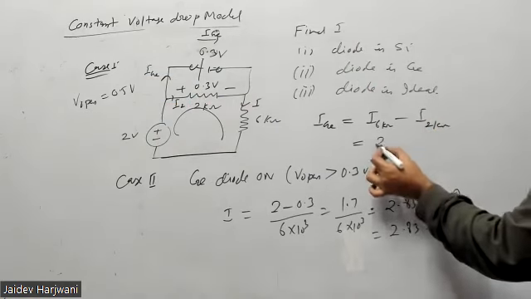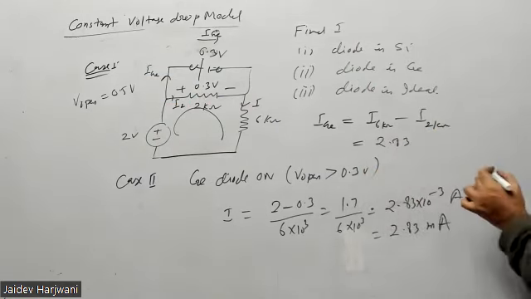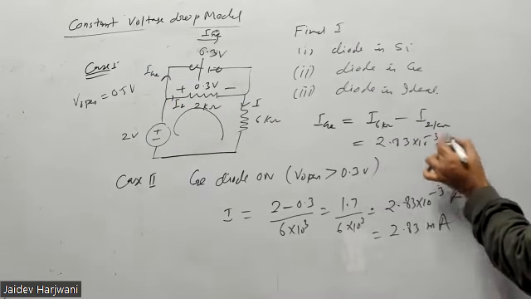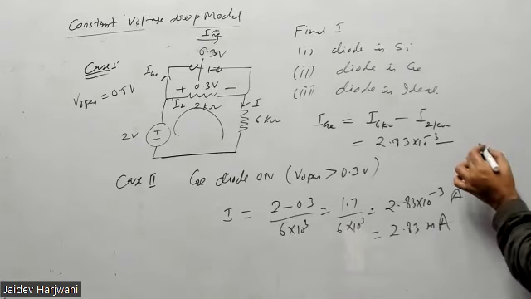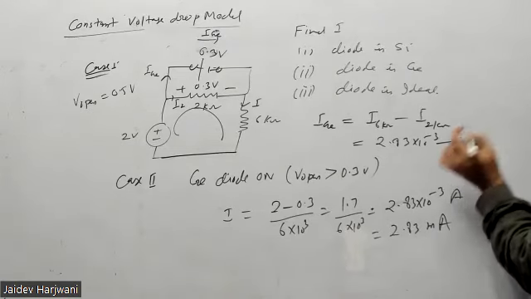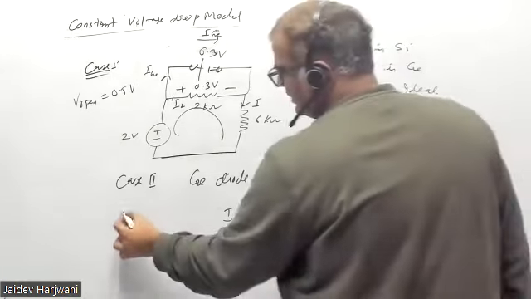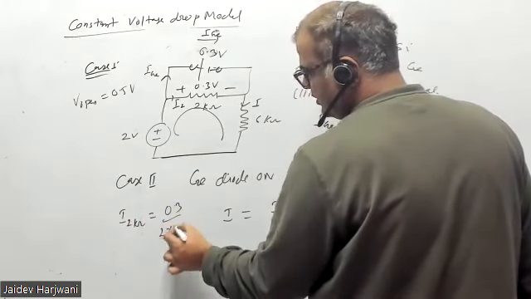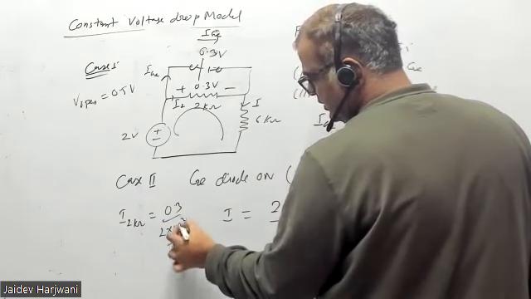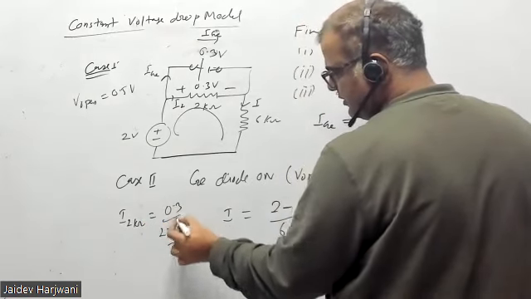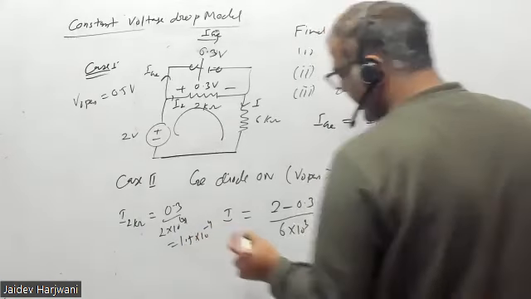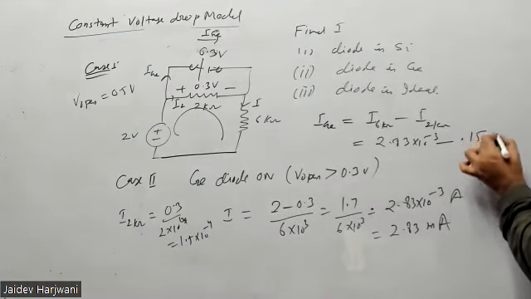So I6 is 2.83 milliampere, and minus the current in 2 kilo ohm. How much current is there in 2 kilo ohm? The voltage is 0.3. इसका करंट इसमें डिस्ट्रीब्यूट हो रहा है. So this is how much? 0.3 divided by 2 kilo ohm is 1.5 times 10 raised to power minus 4, that is 0.15 milliampere.